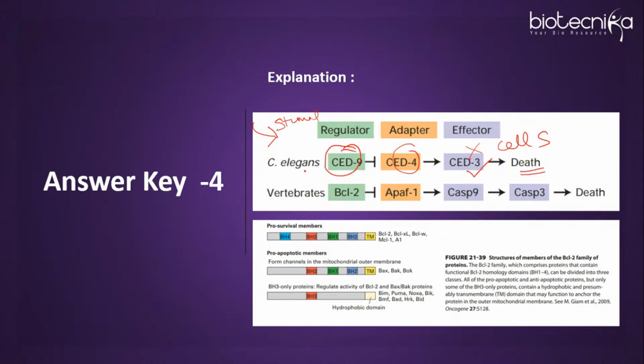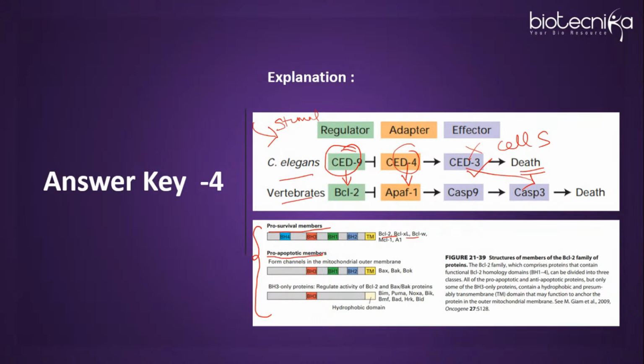Similar to that, in vertebrates, we have SET9 analogous to BCL2, SET4 analogous to APAF1, SET3 analogous to caspase-3. Okay, remember the analogous proteins present in vertebrates. They may ask in the question. And this is yet another table which provides you with examples of pro-survival members, responsible for cell survival, which includes your BCL2, BCL-XL and all.